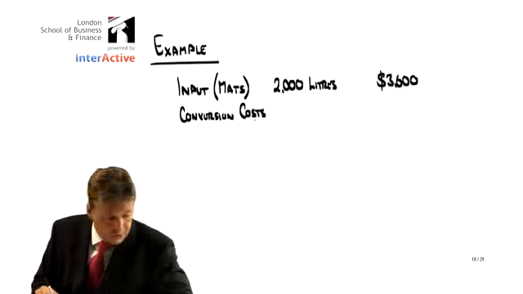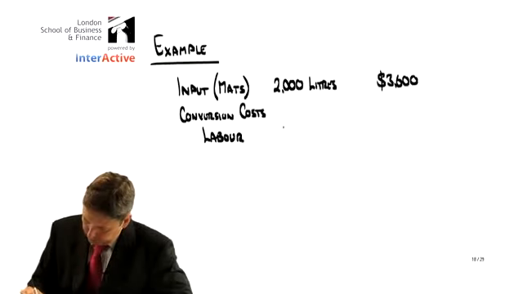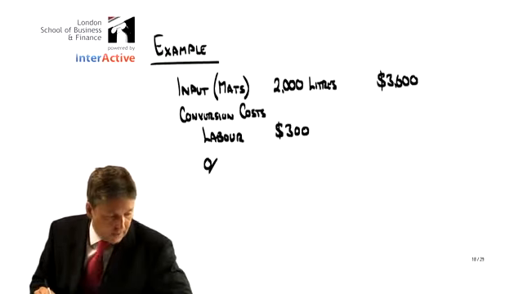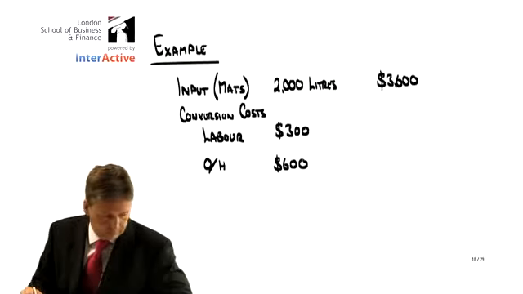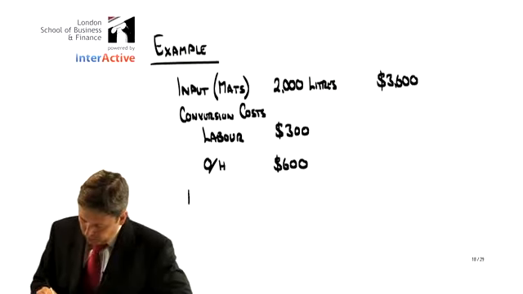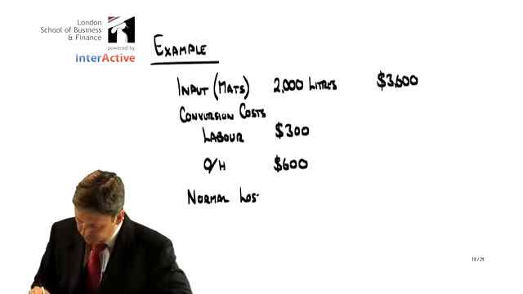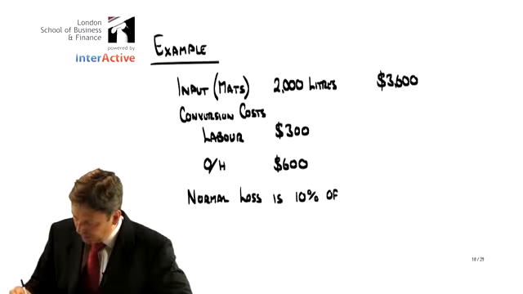The conversion costs in this case are labour, $300, and overhead, $600. Normal loss is 10% of the input.